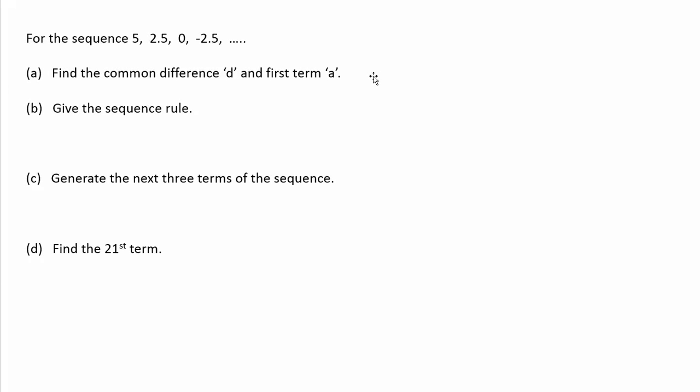In this instance, A, the first term is pretty clearly 5. The difference, I seem to be subtracting 2.5. So my common difference is negative 2.5. Writing the sequence rule down for any term.